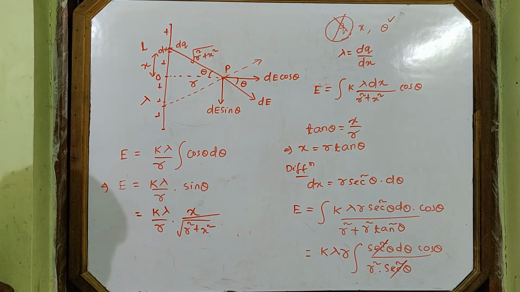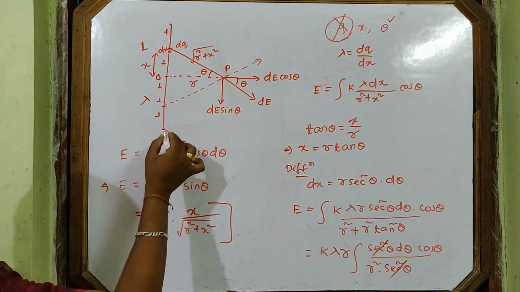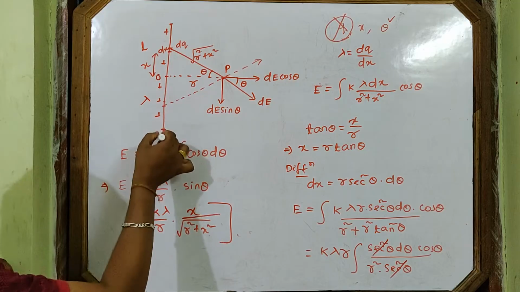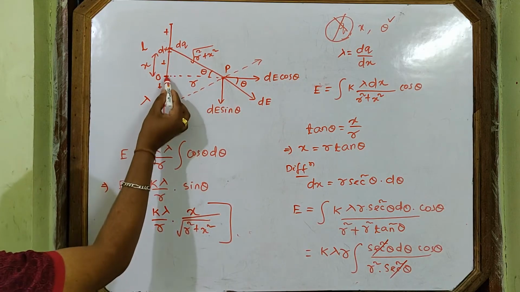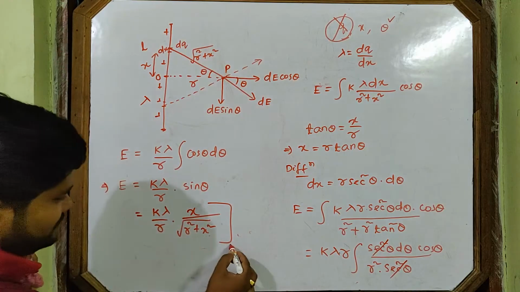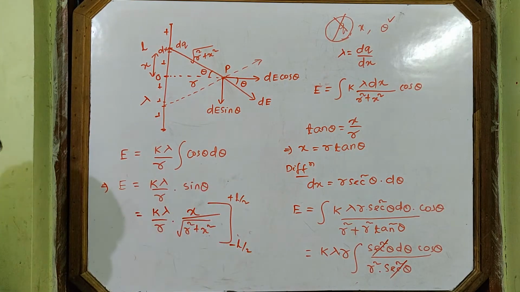Now we will put the limits here, from lower to upper. This total length is L. If this is the origin, then this end is minus L by 2 and this end is plus L by 2. Minus L by 2 to plus L by 2.